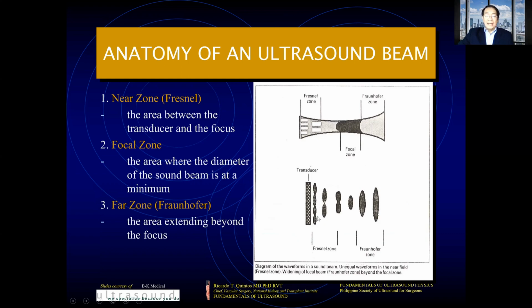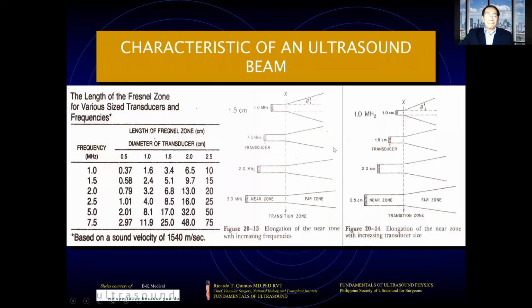In the Fresnel zone or the near zone, you can still have very good resolution, but after the focal point, you will not be able to resolve the two dots or the three dots, and you will just see them as singularities. Now, what can affect the focal point?